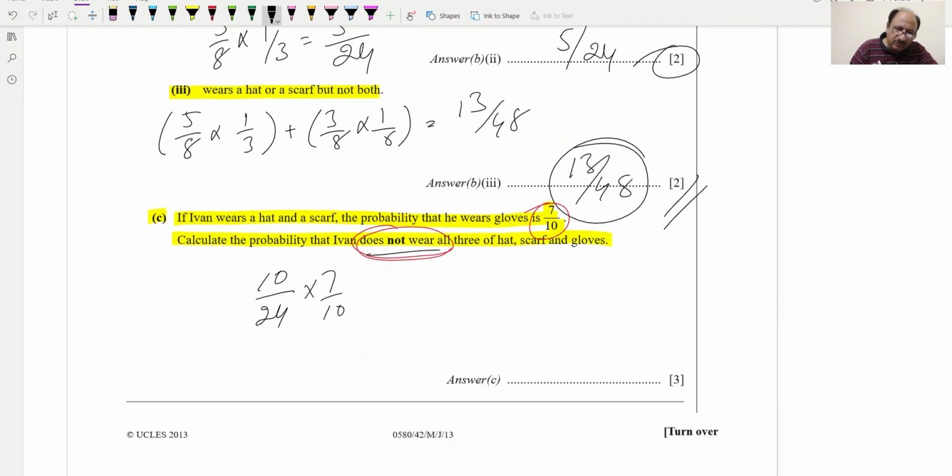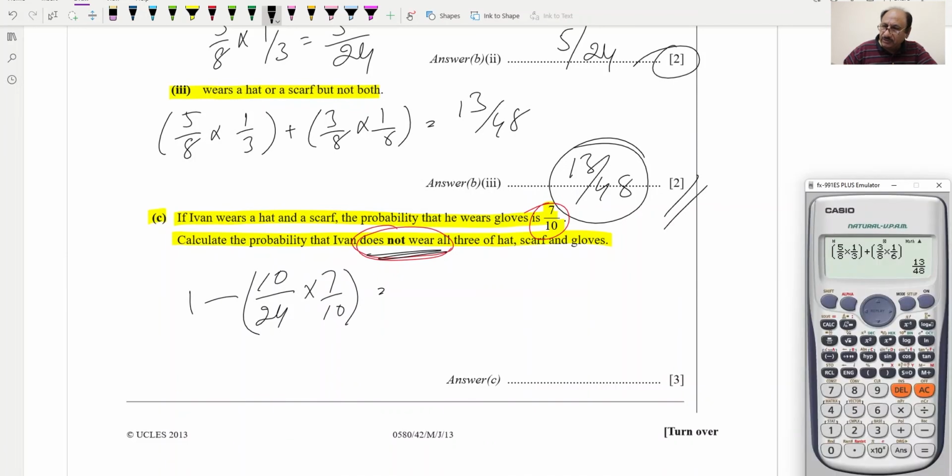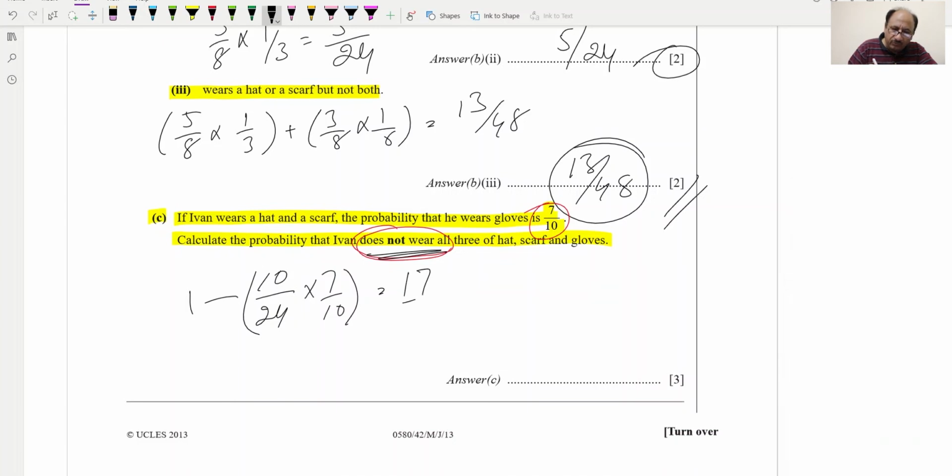For does not, we will be taking 1 minus this, which will be 1 minus in brackets 10 over 24 multiplied by 7 over 10, and bracket closed, and this is equal to 17 over 24. This 17 over 24 will be our final answer for 3 marks.